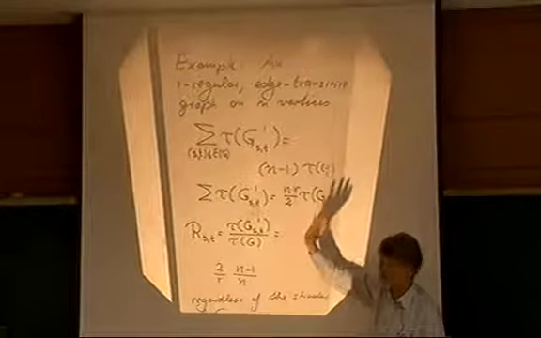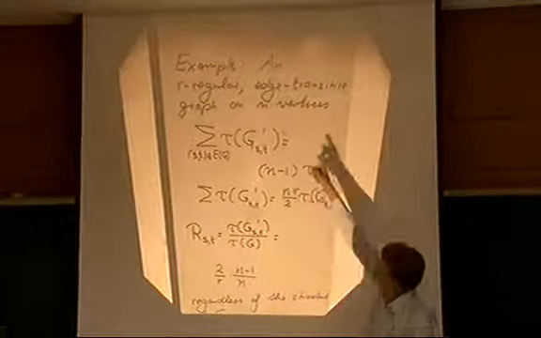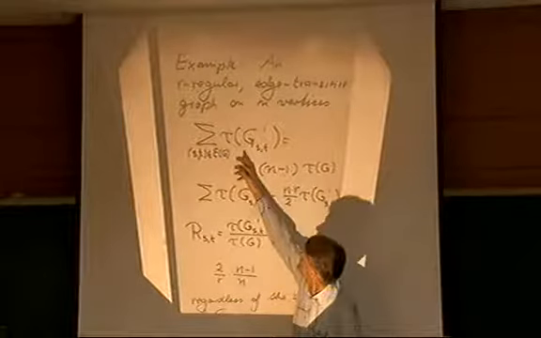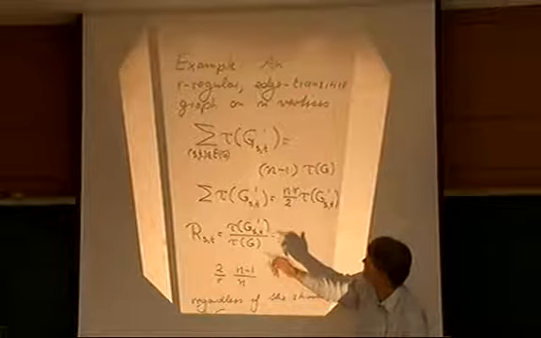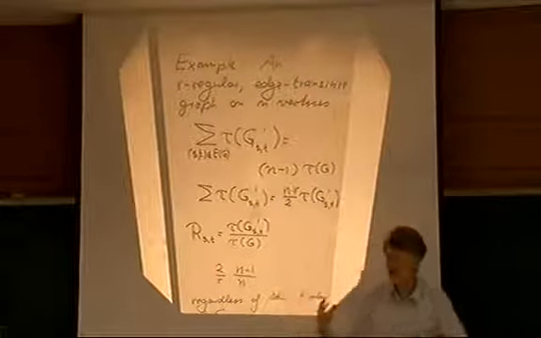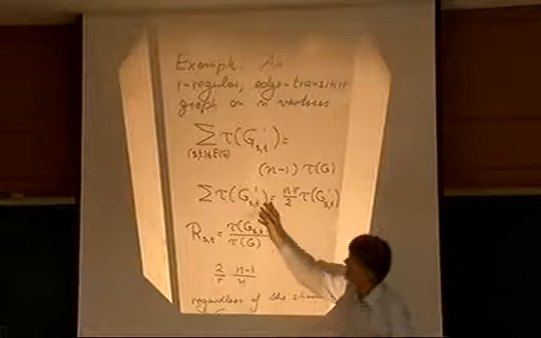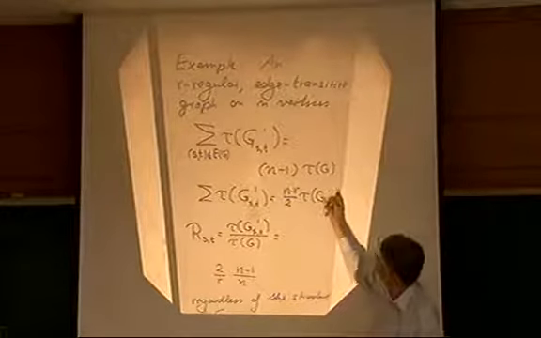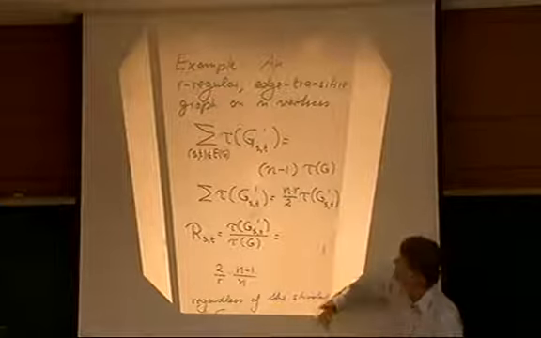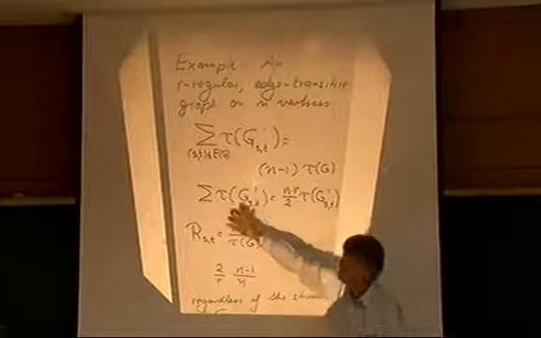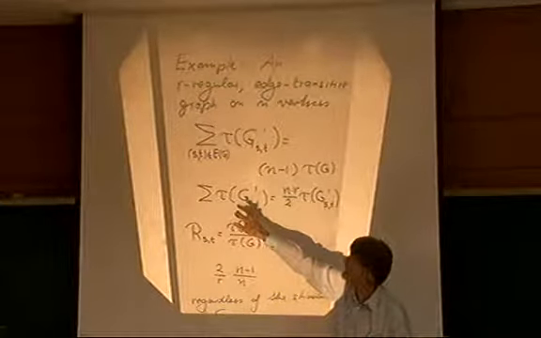And that holds for any graph. If it is edge-transitive, then all these numbers are the same, and I'm just adding the same number a lot of times. Since it's the same number for all edges, I put it here. How many times do I get it? The same number of times as I have edges in the graph.